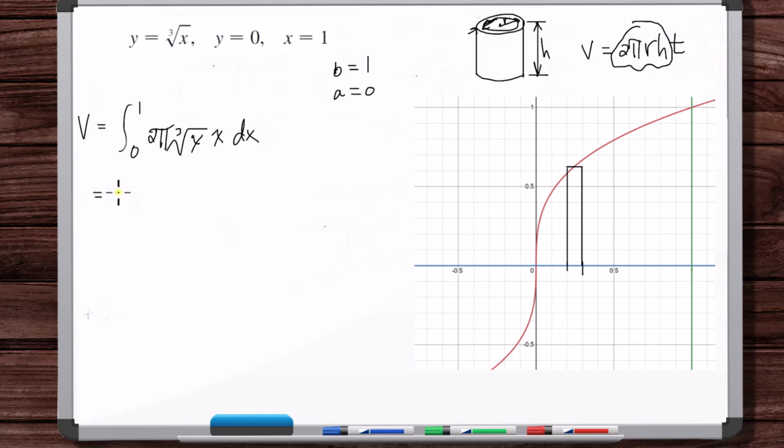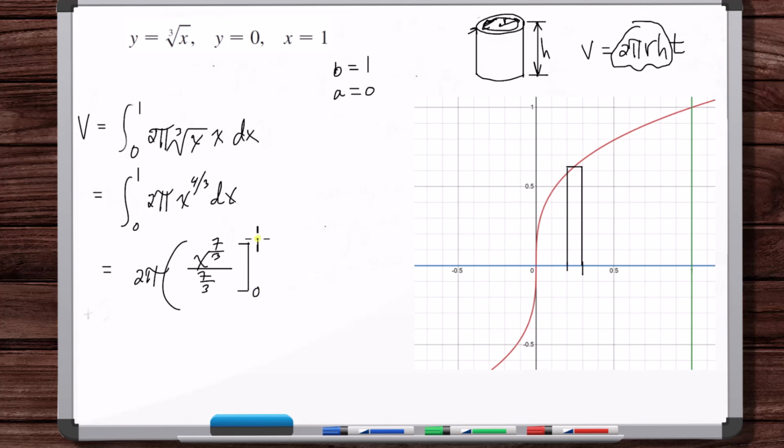So okay, we've got 2 pi x to the 1/3 times x to the 1st. That's x to the 4/3. Okay, so we've got 2 pi, and then x to the 4/3 plus 1 is 7/3, divided by 7/3.